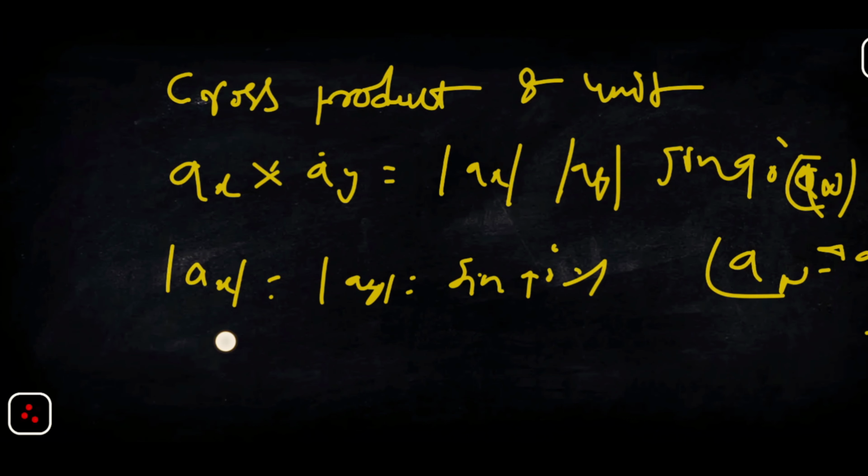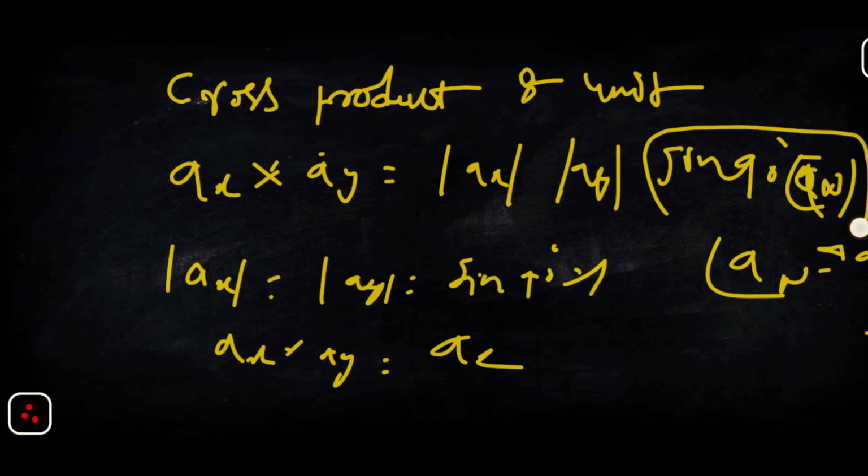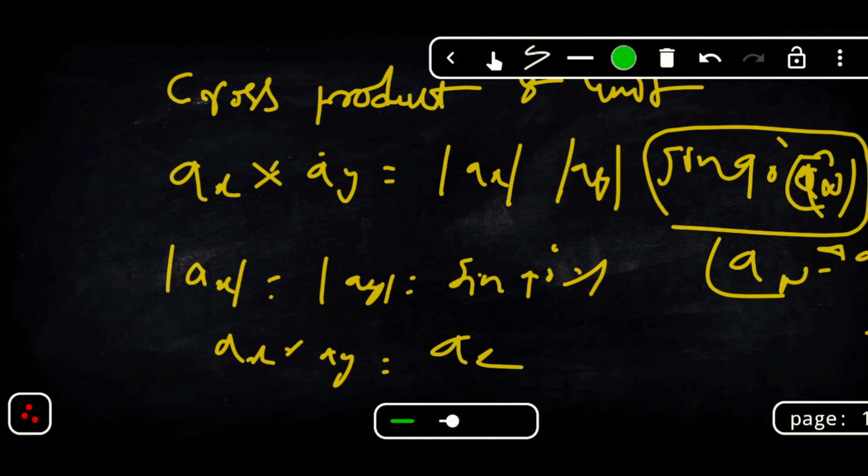Hence ax cross ay equal to az will come, because sine 90 degrees into an, into an unit vector that is normal to xy plane. What is normal to the xy plane, the z plane, so ax cross ay equal to az. ax cross ay resultant is az.